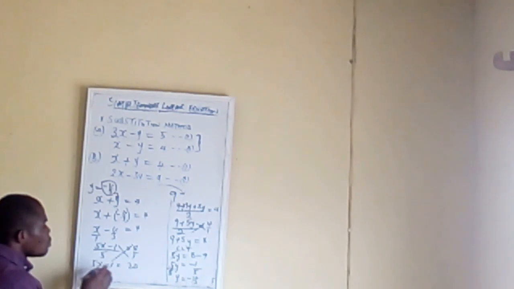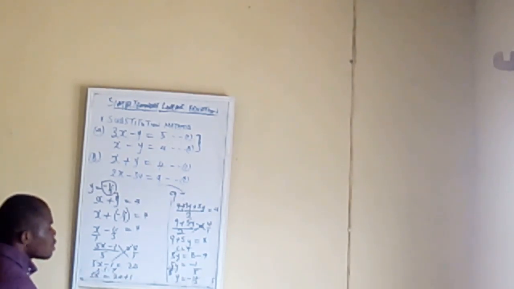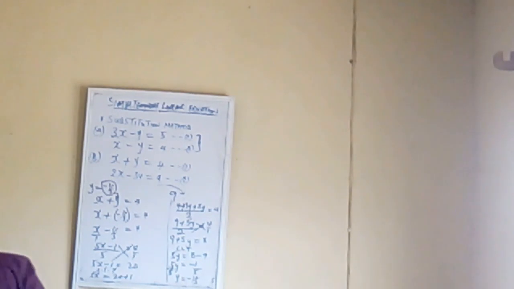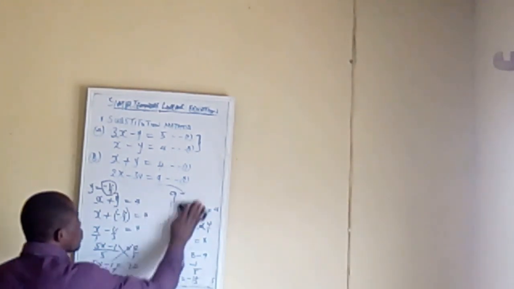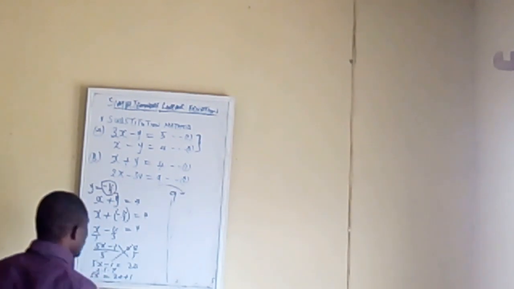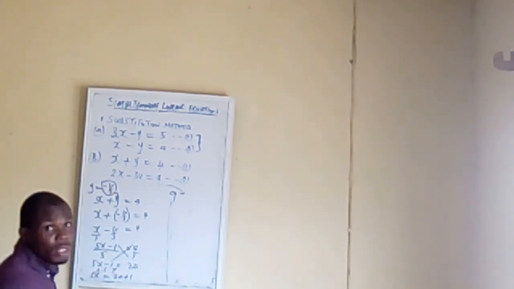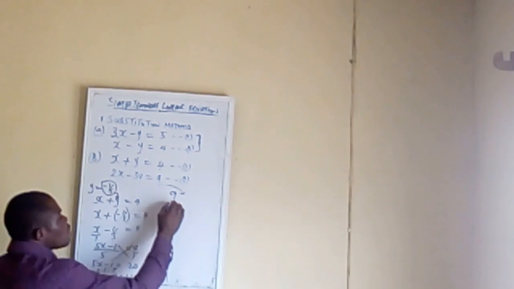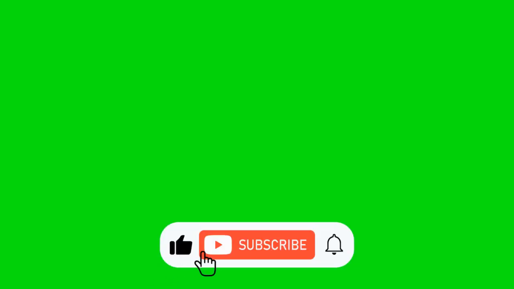Now if you collect like terms, you have 5x equals 20 plus 1. 20 plus 1 will give us 21. So 5x equals 21.